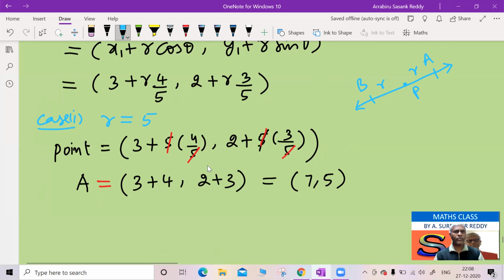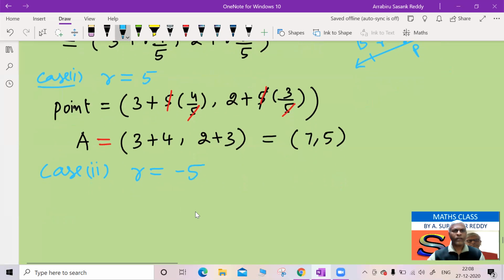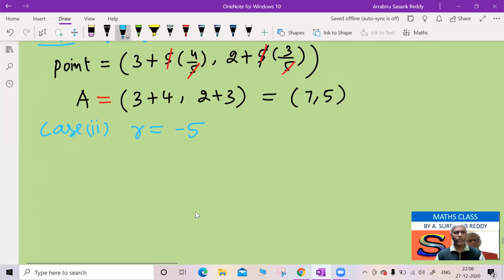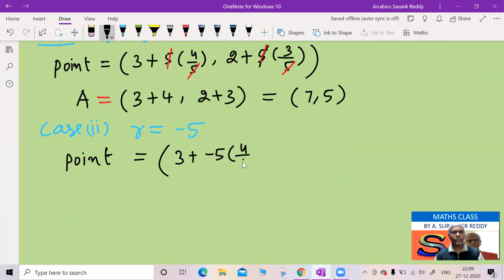And case 2, if you take r value as minus 5 and substitute in the above, we get another point: 3 plus minus 5 into 4 by 5, 2 plus minus 5 into 3 by 5.